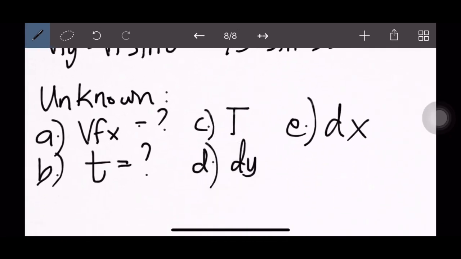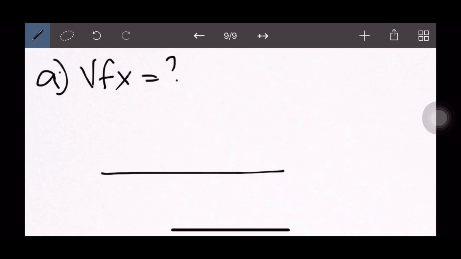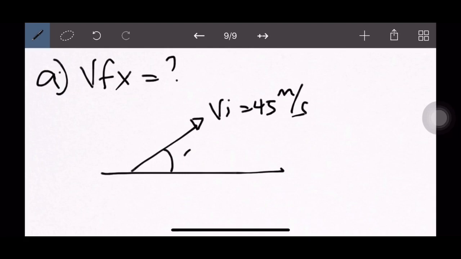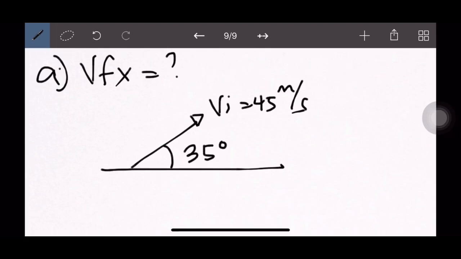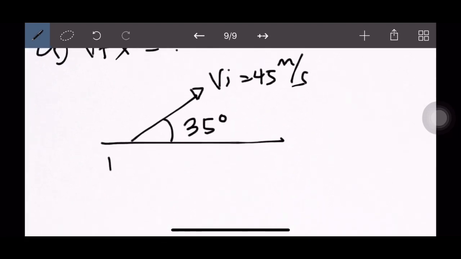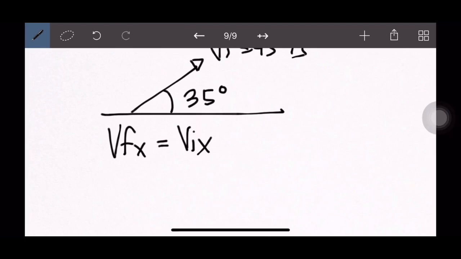So let's now solve the first. Let's solve for the VFX first. Let's draw again. This is our VI, which is 45 meters per second, and then we have the 35 degrees. So the final velocity along the horizontal is equal to the initial velocity. And how can we solve for the initial velocity?